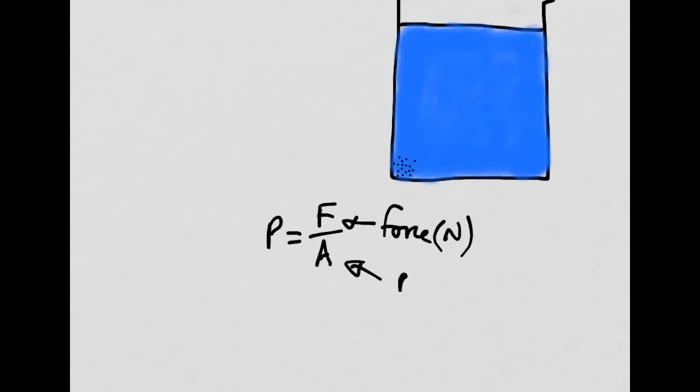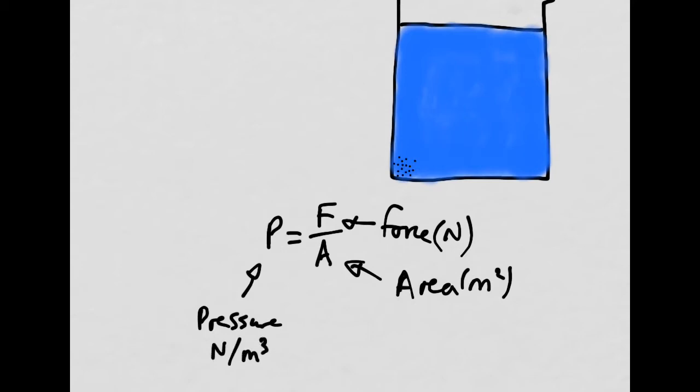So pressure, P, is equal to the force divided by the area. So the force exerted divided by the area that it's spread over. Okay, so let's write that in: force in newtons, area in meters squared, and we've also got pressure, which is in newtons per square meter.